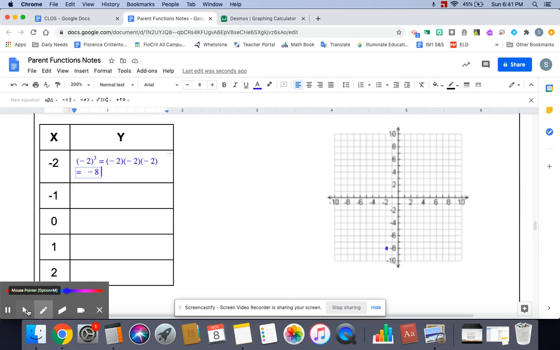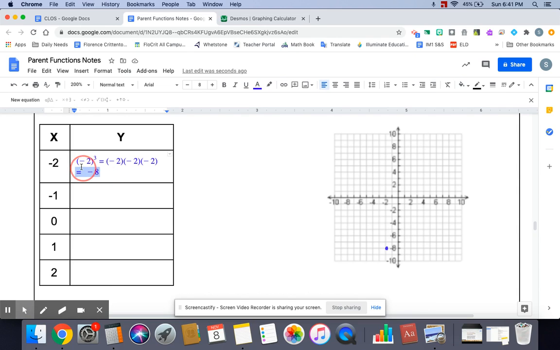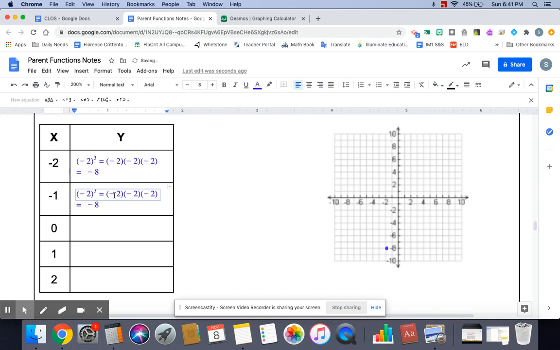So there's that point. Negative 1 times negative 1 is positive 1. Times negative 1 again becomes negative 1. So when x is left 1, y is down 1.